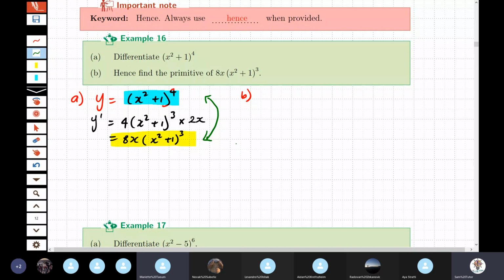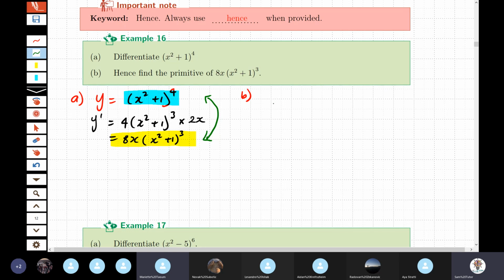Yellow is the primitive of the blue one. I think you said it wrong. It would be the yellow one is the derivative of the blue one, and the blue one is the primitive of the yellow one. Yeah, that makes sense.